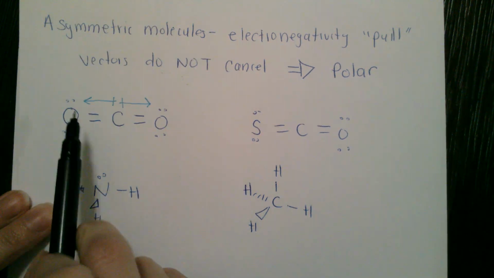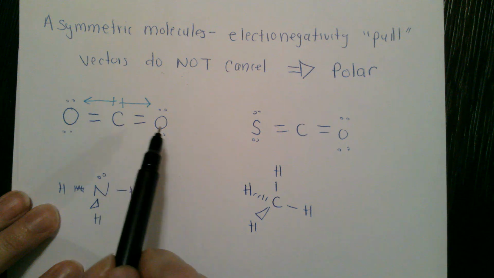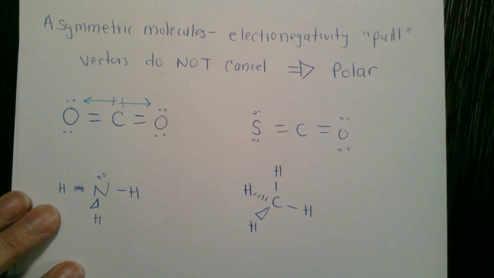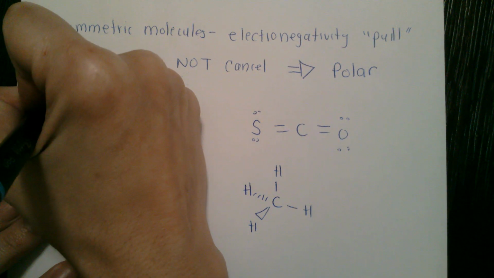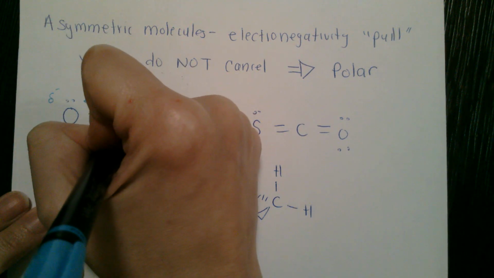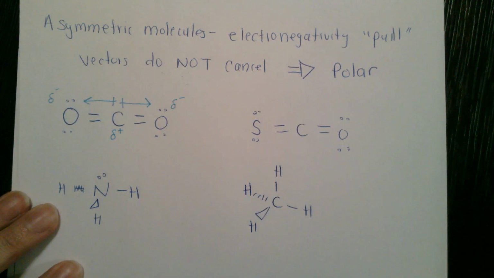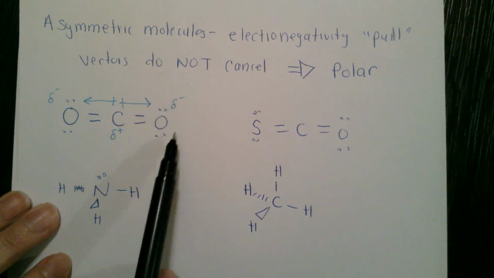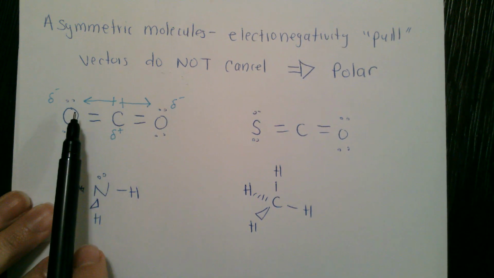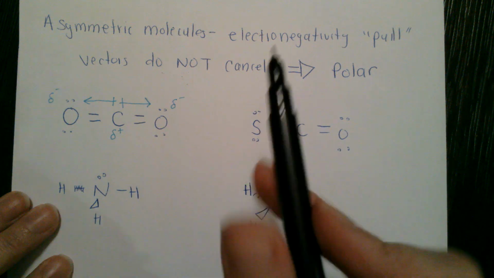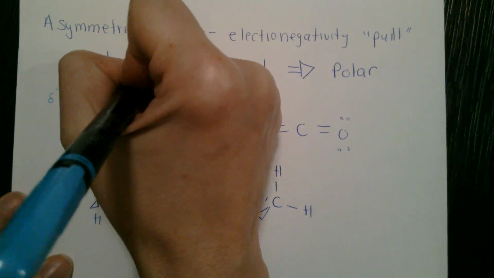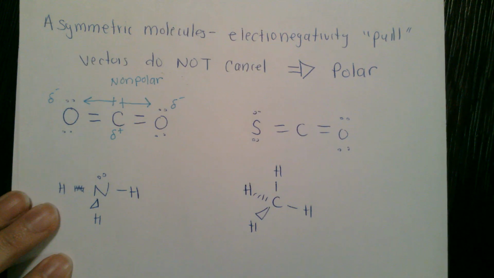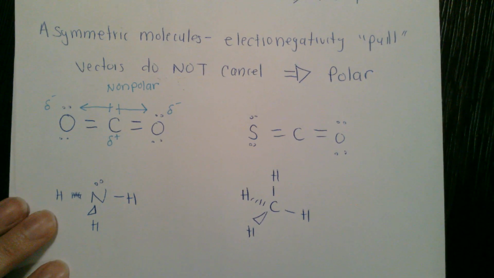So even though this is a polar bond, because oxygen is far more electronegative, we'd put a delta minus here, a delta minus here, and a delta plus here. But even though this is far more electronegative, because it's equal and opposite, this molecule is nonpolar.